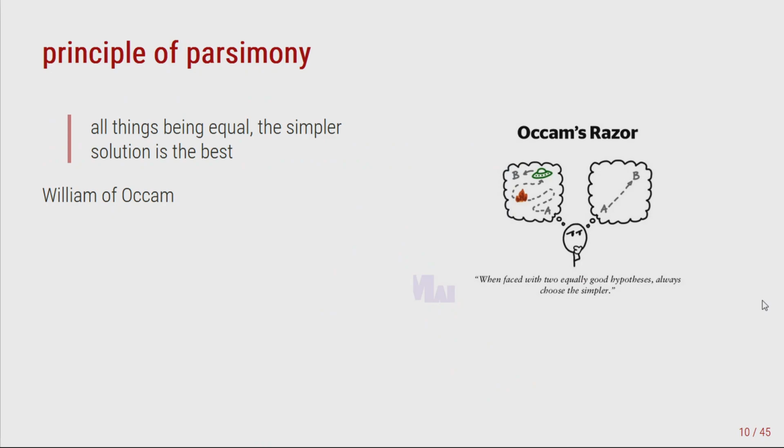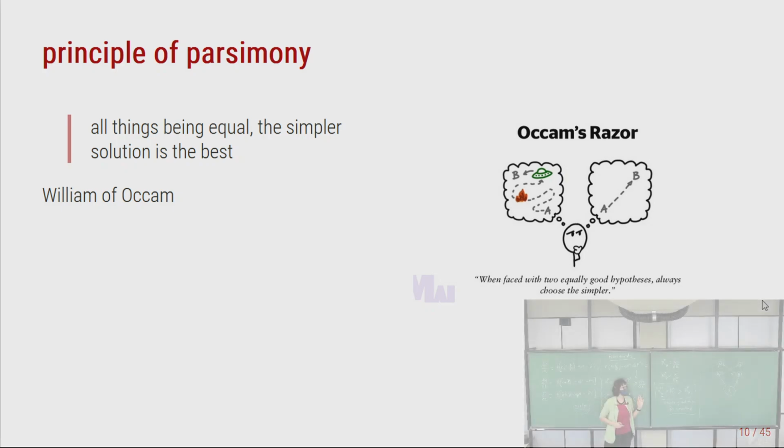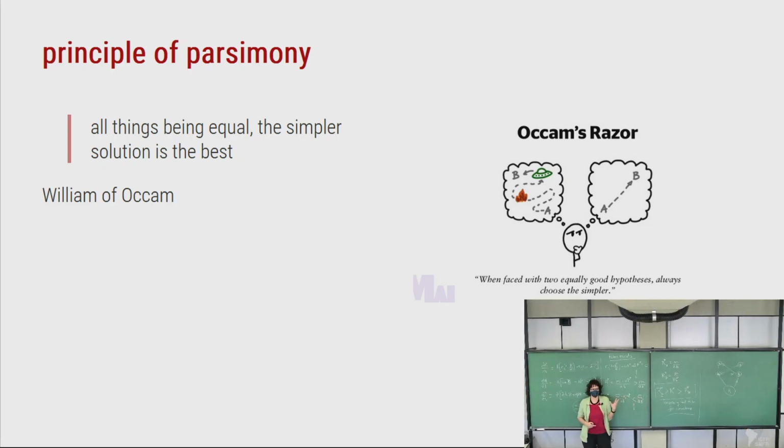And the principle of parsimony. So all things being equal, the simpler solution is the best. This is the basic idea here. So if I want to get from A to B, and I'm using parsimony to choose which path I will take, it doesn't matter that this path has a more scenic view or whatever, but this one makes me go from A to B faster and easier.